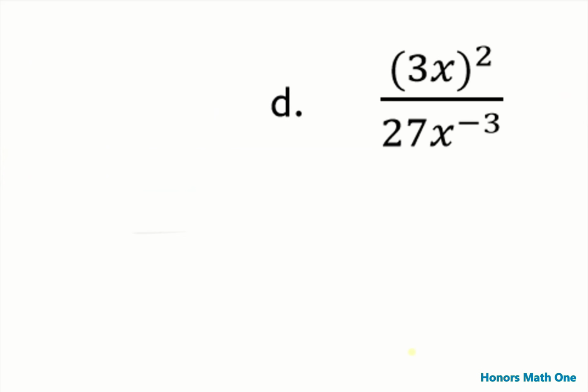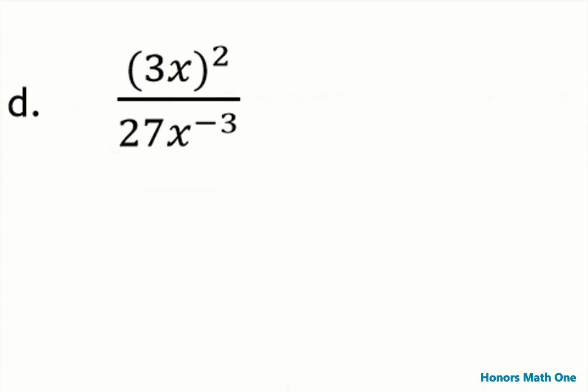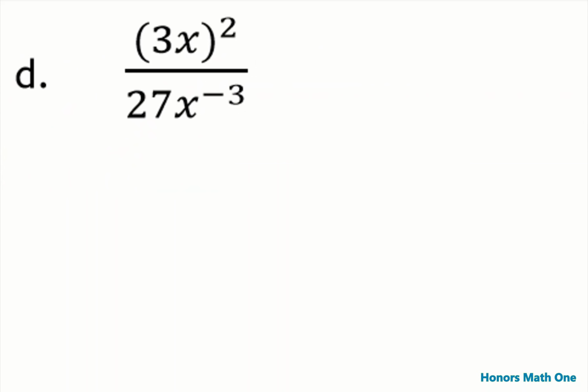Finally, let's look at D. D does have a negative exponent, and I'm going to deal with that the same way I did in the previous problem. But I think I want to start with looking at the numerator. So the numerator is 3x raised to the second power. Now, because these are both factors, right, it's 3 times x, I can raise both the 3 and the x to the second power.